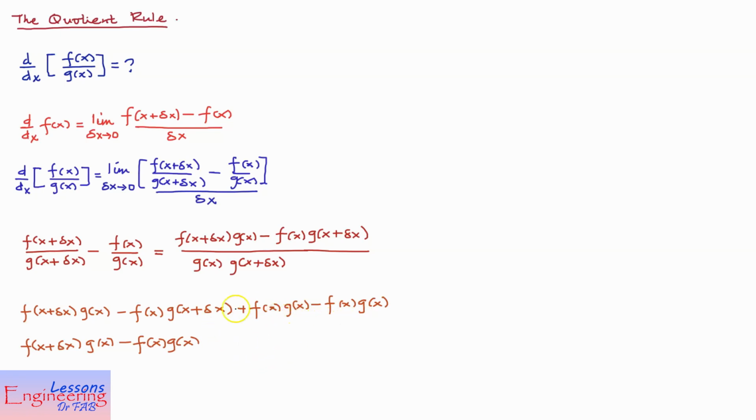Okay, now minus, I'll keep this expression, minus f of x times g of x plus sigma x, plus, I'll bring this expression here now, last, plus f of x g of x.